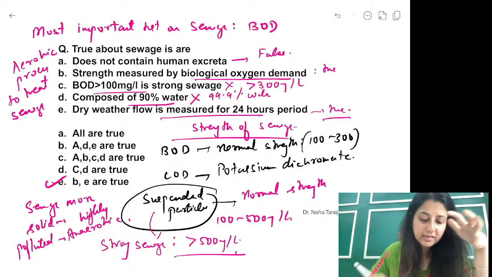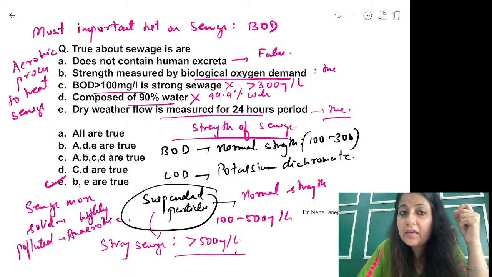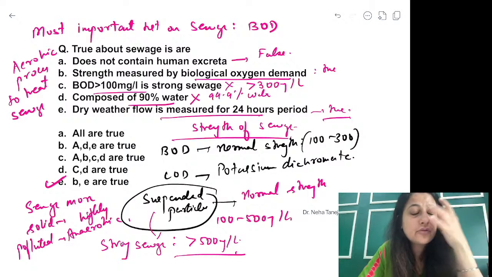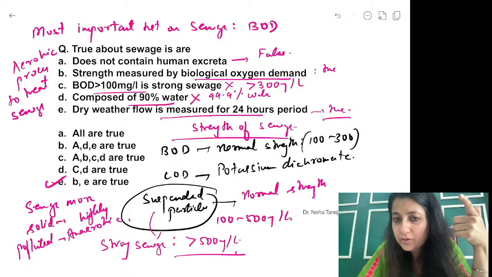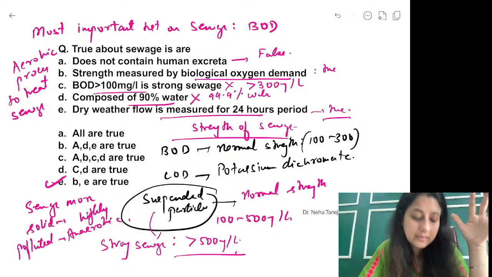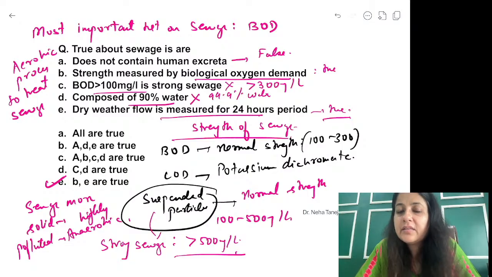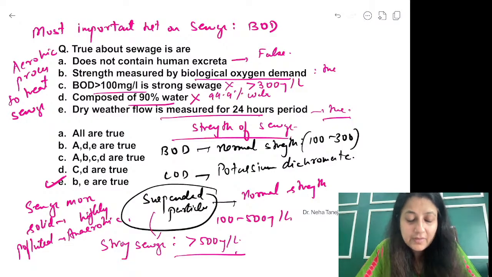Generally, if someone asks how do you treat sewage, what is the actual process, mostly it is aerobic. But if it is highly polluted sewage which has a lot of solid particles, we go for anaerobic. Clear? Okay, BOD is the most important test which is done on sewage.